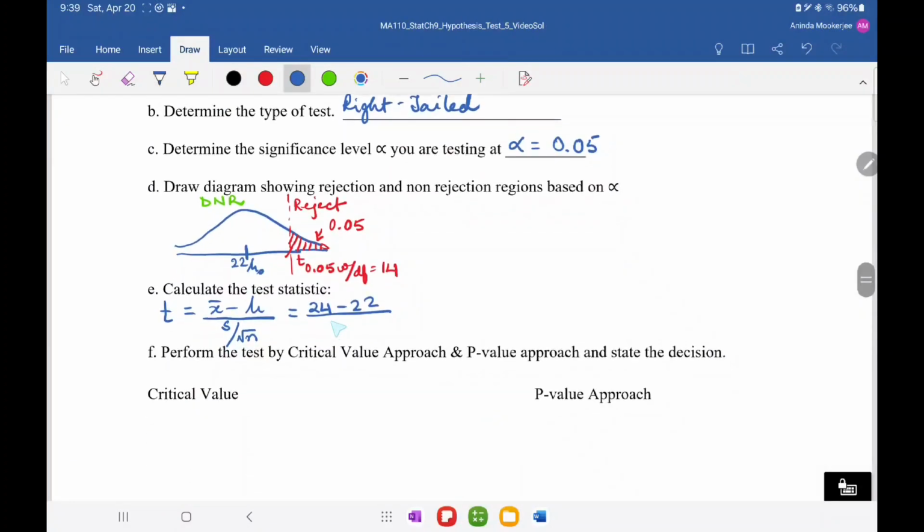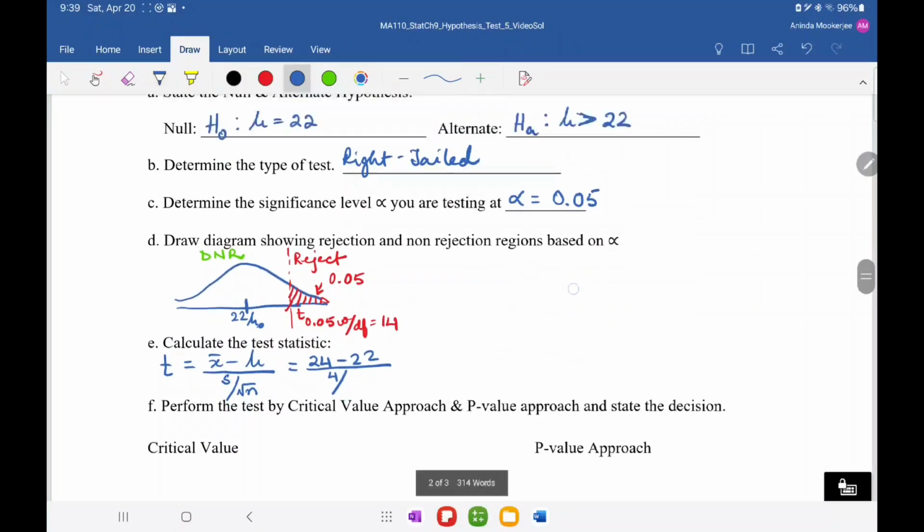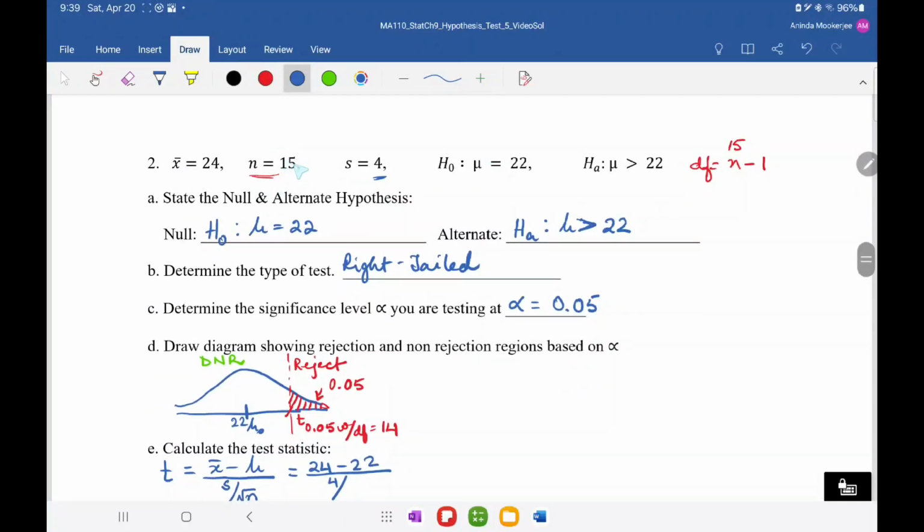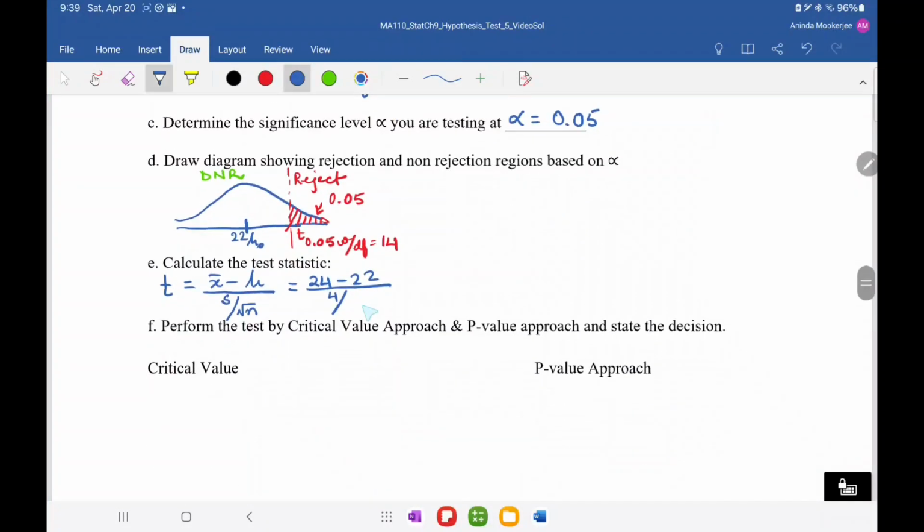So 4 divided by square root over 15, because n is 15. The numerator 24 minus 22 is a 2, and 4 divided by square root over 15 comes to 1.032, and then when we do this division we should get a value of 1.938 for our test statistic value.